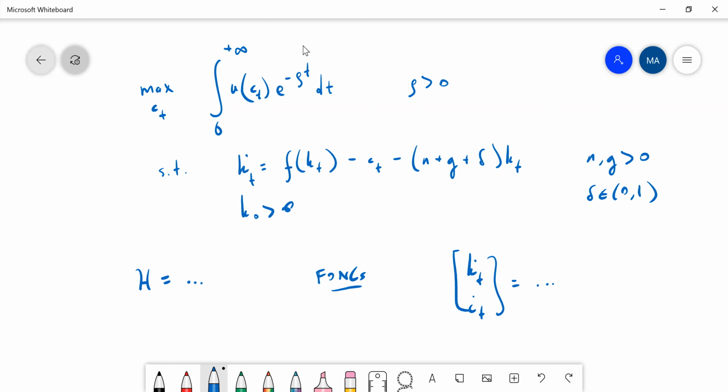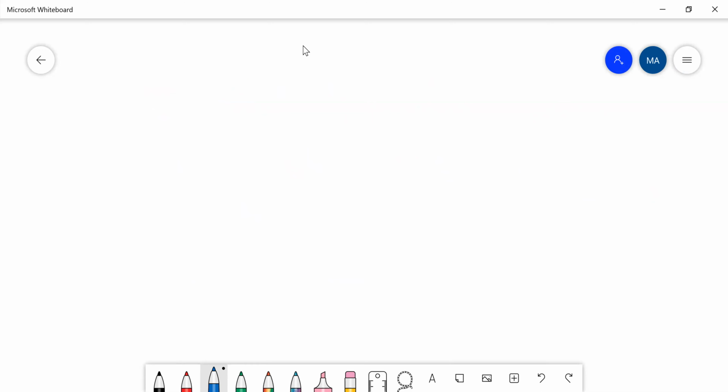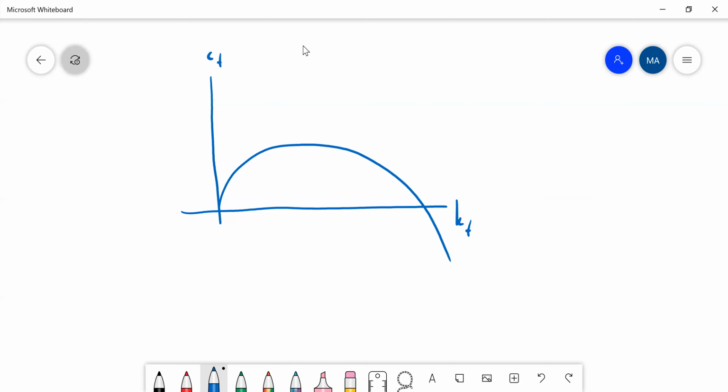So that type of model behaves like this. This is K dot equals 0, and then there's this, C dot equals 0, and then there is a saddle path here.